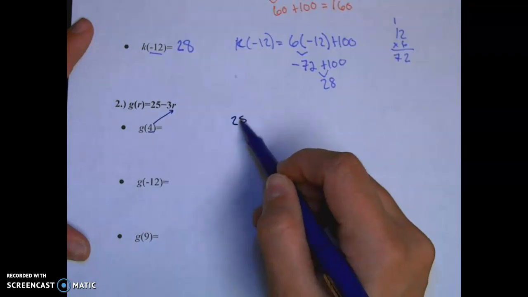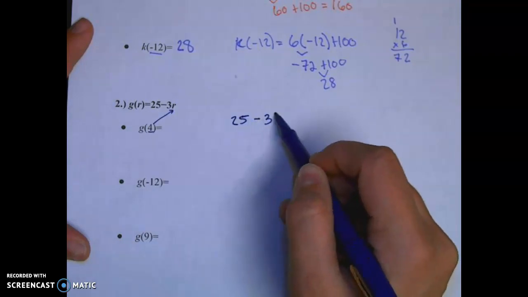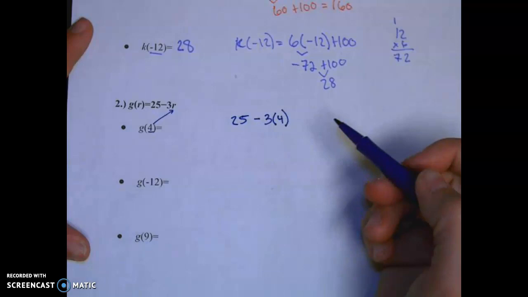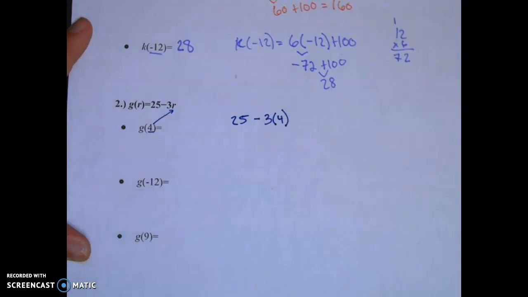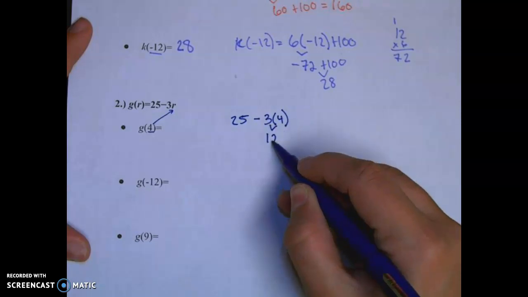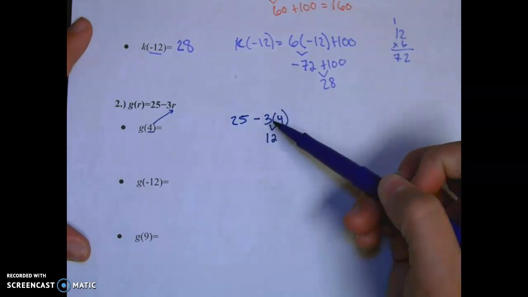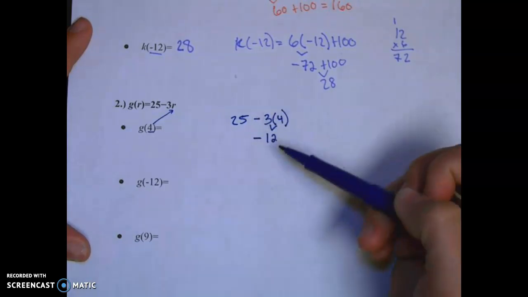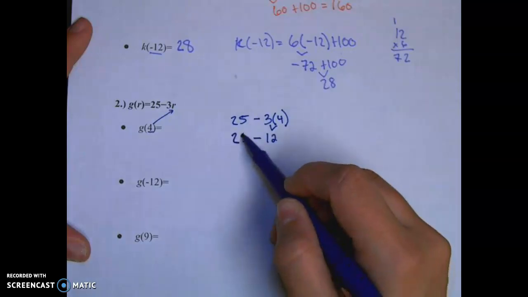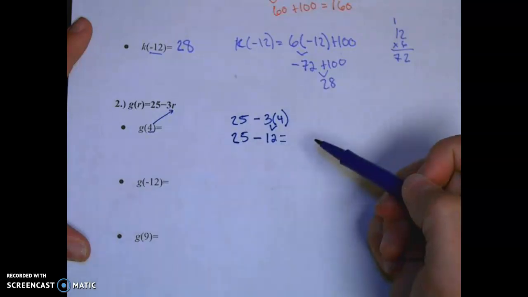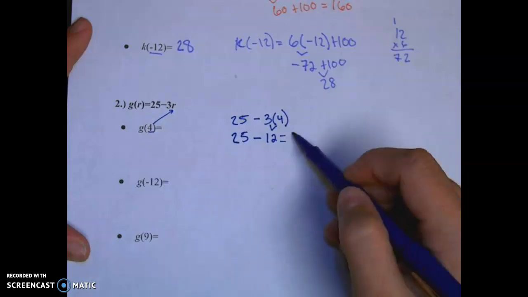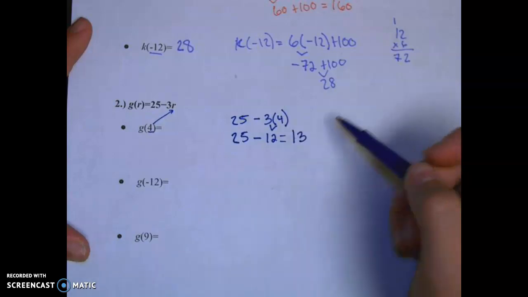So I have 25 minus 3 times 4. Now, what's 3 times 4? 12. And I'm sorry, a negative times positive would be a negative, so it would be -12. And 25. So 25 minus 12 is going to give me 13.